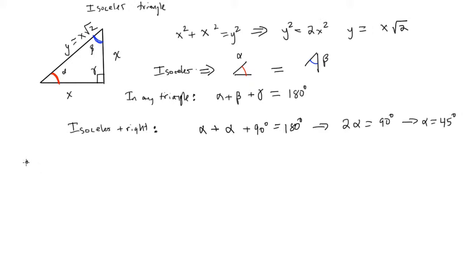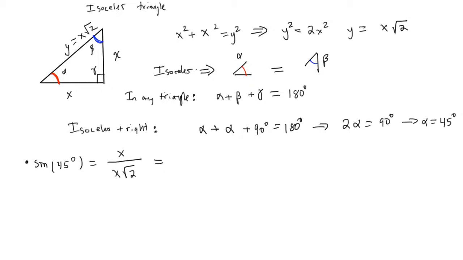So sine of 45 degrees we can actually just read off. It's whatever the opposite side is, which we don't know the length, we just called it x, divided by the hypotenuse, and that in this case is x root 2.